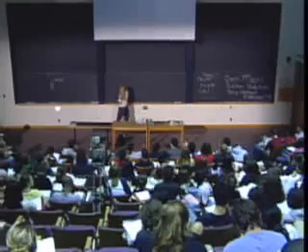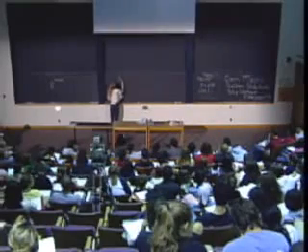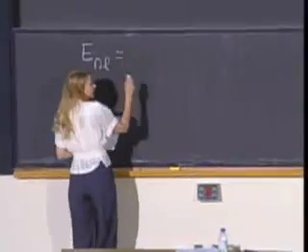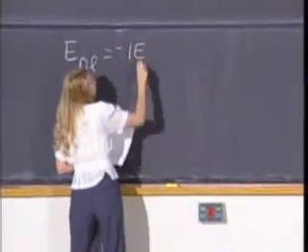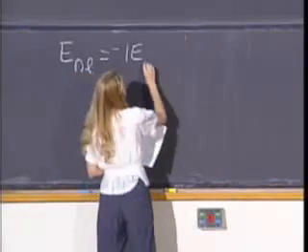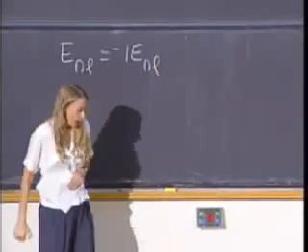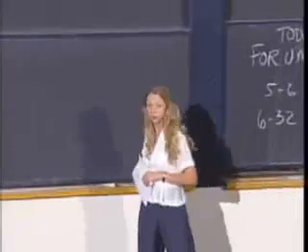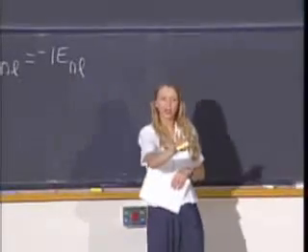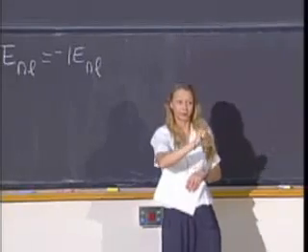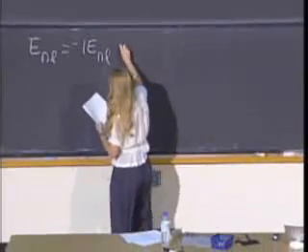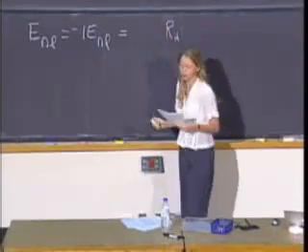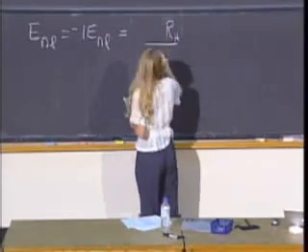Okay, so I just said these energies, E sub nl, are physically significant in that they are minus the ionization energy. Right? And I'm going to approximate that binding energy as a hydrogen atom binding energy, in the sense that I'm going to set that equal to minus the Rydberg constant, R sub H, over n squared.